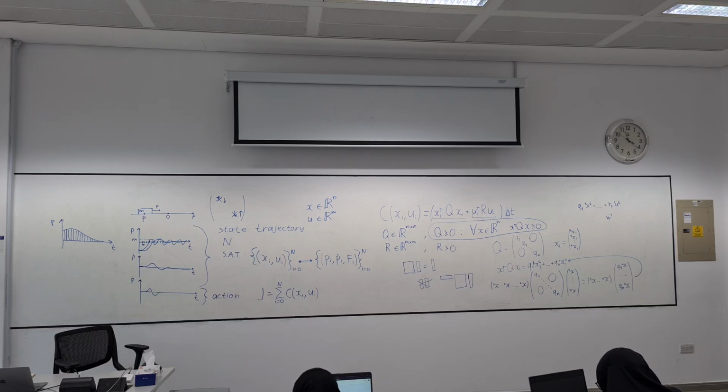So that's why he's writing it as a general X1, X2: whatever the first thing is, the second thing is second. One is position, the other one is velocity. Q1 is for position, Q2 is for velocity. This is what the example is.